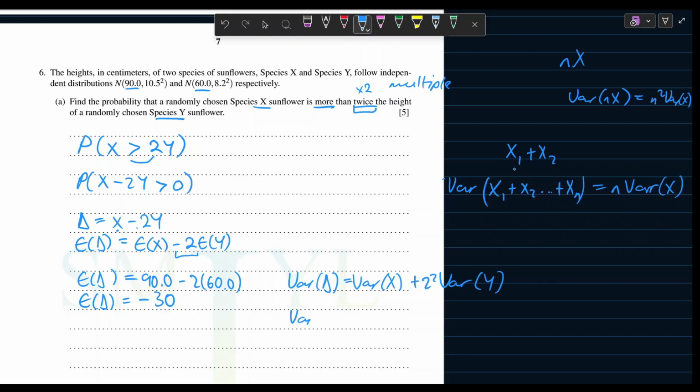So the variance of D is going to be, what's our variance of x? 10.5 squared plus 2 squared, which is 4, times the variance of y, which is 8.2 squared. Let's punch that into the calculator, that's 10.5 squared plus 4 times 8.2 squared, and this gives us 379.21.